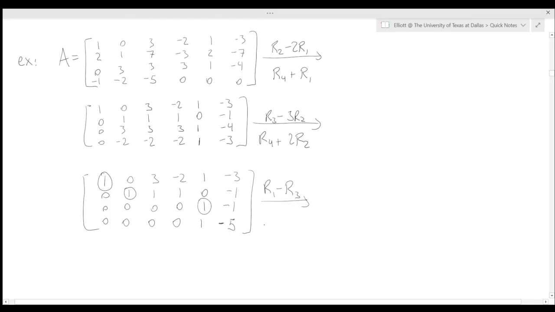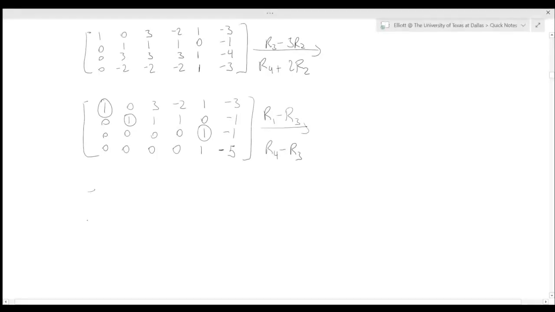And then we'll do row 4 minus row 3 as well. And then real quickly, row 1 minus row 3. And row 4 minus row 3, -4.